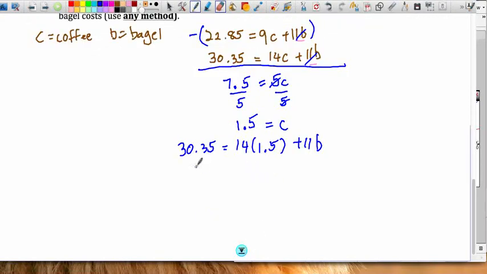So 30.35 is equal to 21 plus 11b. 11b equal to, so I'm going to move 21 to the left hand side, subtract, and you should get 9.35. Then I'm going to divide that through on the calculator and just round to 2 decimal places, and I'm going to wrap that up right there before I run out of time. So of course, dividing by 11, you'll have the answer that you need.